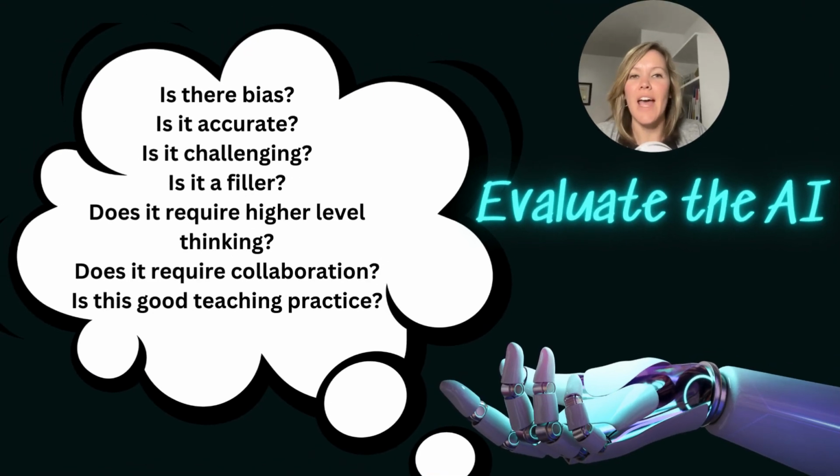Lastly, just like anything else that is on the internet or in technology today, we really have to take a look ourselves and say, is this real? Is there bias to it? Is it accurate? If I'm having it create student activities, does it require higher level thinking, critical thinking? Is it challenging to my students?